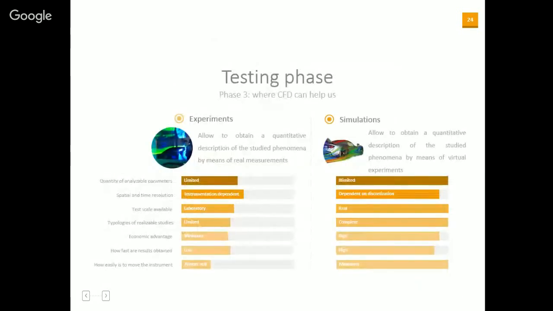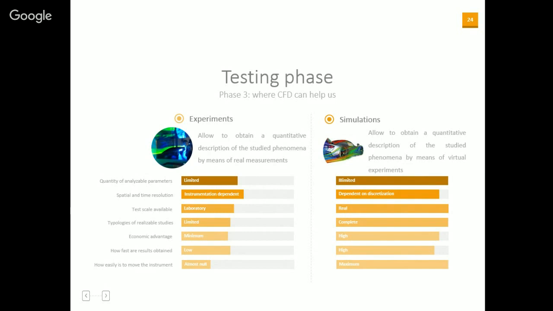It is also worthwhile mentioning a couple of advantages of the CFD simulations compared to standard experiments in labs. In general, they are much cheaper than experiments because we don't need prototypes, we just need a CAD model, and they are much quicker because they can be done in a few seconds.